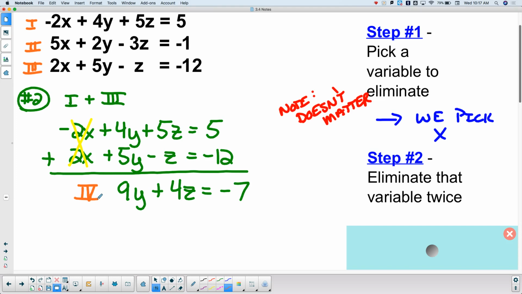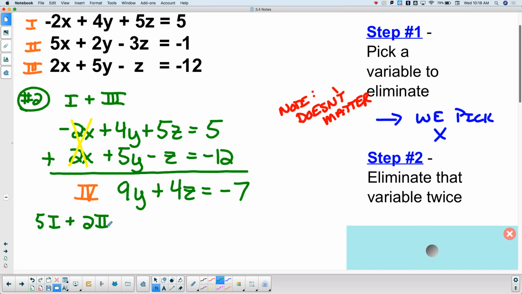Okay? But I've got to eliminate x again, so that means that I am going to go with 5 times equation number 1, and I'm going to add that to 2 times equation number 2, because I've got to eliminate the x's. So I've got to get these two x values to be the same. 2 and 5, the smallest common number is 10. So I'm going to get those to both be 10.